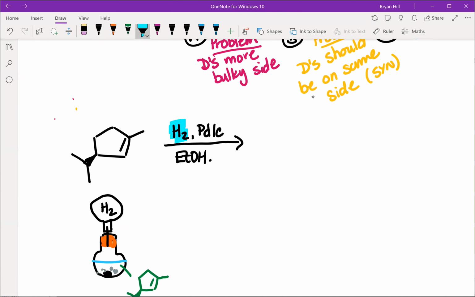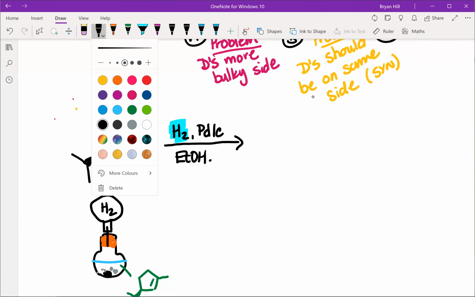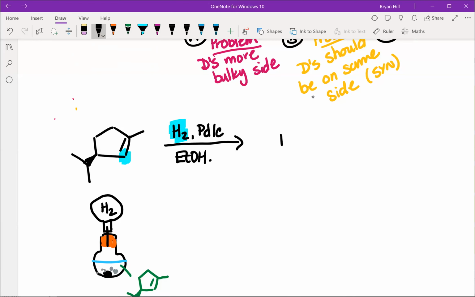So we don't need to worry about this carbon here, which has got no other alkyl group. It's just got a carbon with a hydrogen on it. So for this, the important question for our product is that one side of the molecule has got some sort of steric hindrance on it, and the other side doesn't.